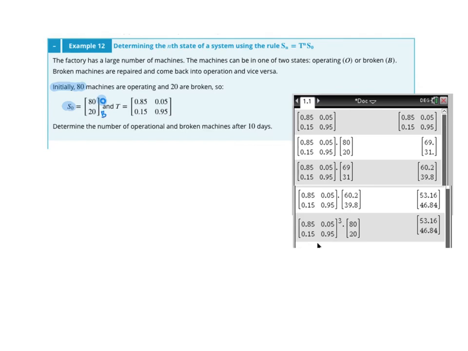So when you look at your transition matrix, it must be in the same order in terms of OB, OB. So if we were interpreting this transition matrix, that little 85% says 85% of the machines that operate one day are operating the next day, if that makes sense.